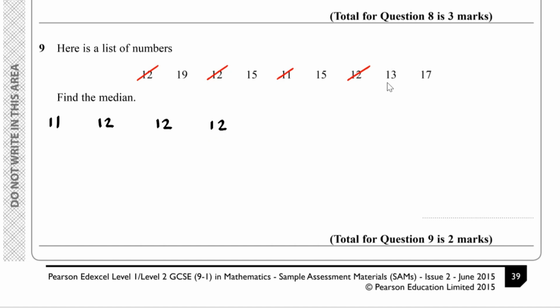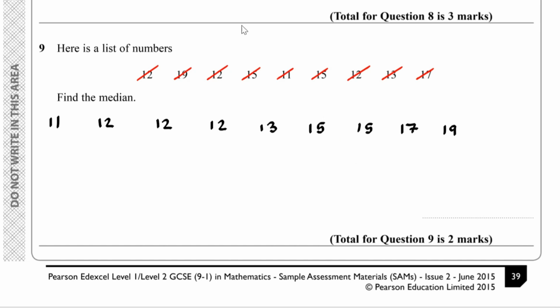Then we've got the 13, then these 2 15s, and then this 17, and then this 19.